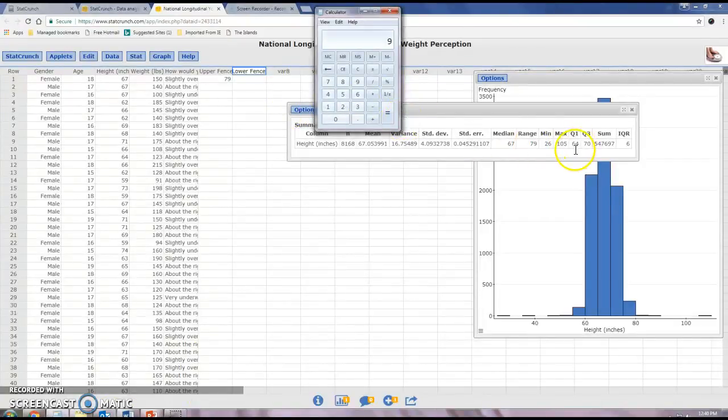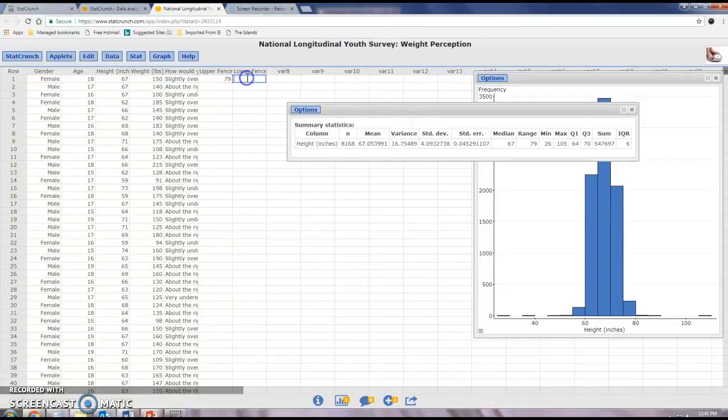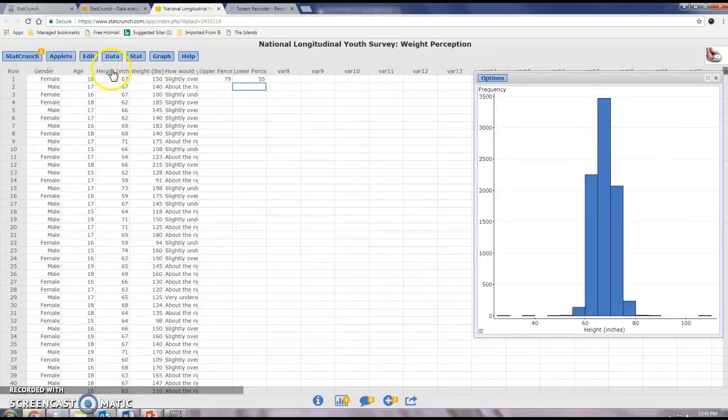So I've got to take my Q1 and subtract 9 from it. So 64 minus 9 is 55. So if there's anything above 79, it's a possible outlier. Anything below 55, a possible outlier. So this was for the variable height.